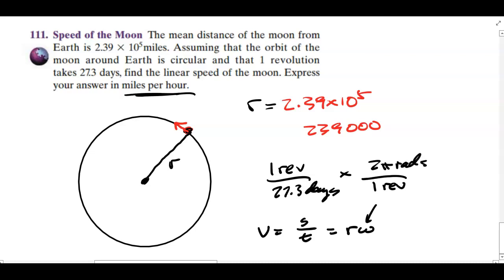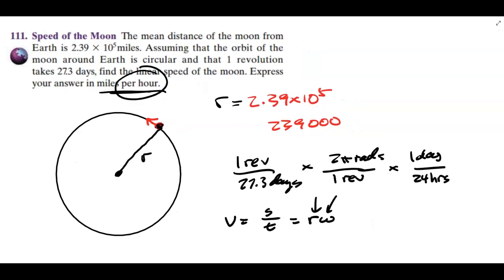And see, now you have radians per day. And now they want it in miles per hour. The miles will come from the radius. And then the per hour, you just convert days to hours. So 1 day is 24 hours.